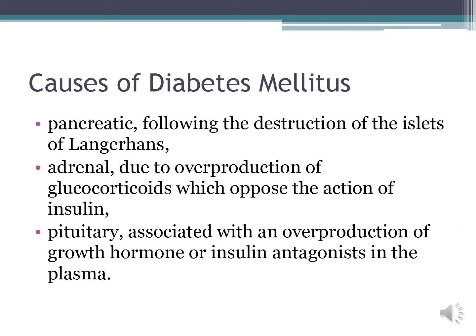Causes of diabetes mellitus are various. Pancreatic causes follow the destruction of the islets of Langerhans. They may be adrenal, due to overproduction of glucocorticoids which oppose the action of insulin. Pituitary, associated with an overproduction of growth hormone, or insulin antagonism in the plasma.